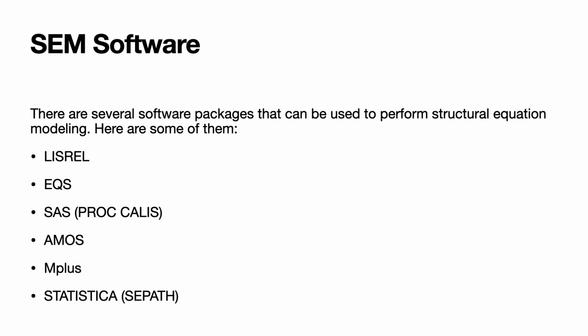The software package SPSS has a component called AMOS that is used for structural equation modeling. Mplus is a standalone package for doing structural equation modeling. And then finally, the software package Statistica has the CPath component for structural equation modeling.